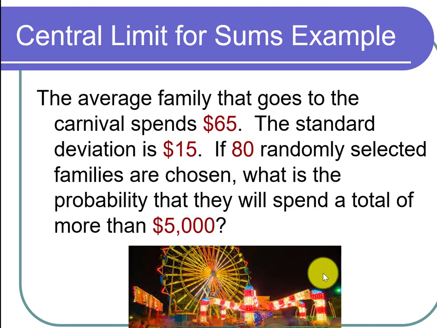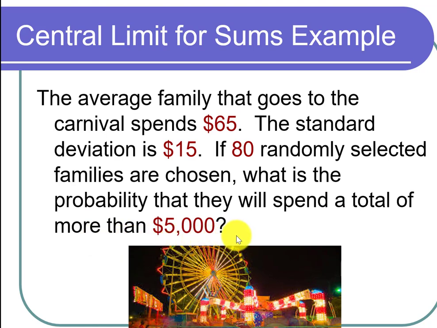Let's apply it. So here we have the central limit theorem for sums example. The average family that goes to the carnival spends $65. The standard deviation is $15. If 80 randomly selected families are chosen, what is the probability that they will spend a total of more than $5,000?